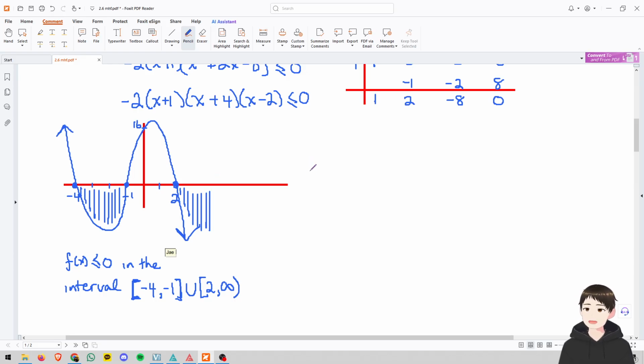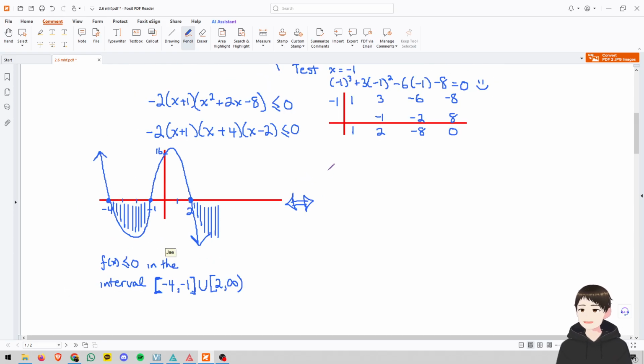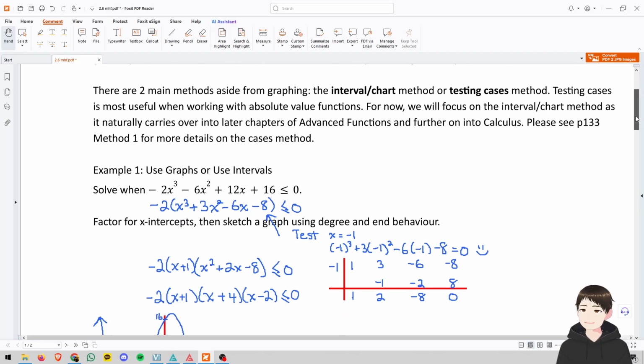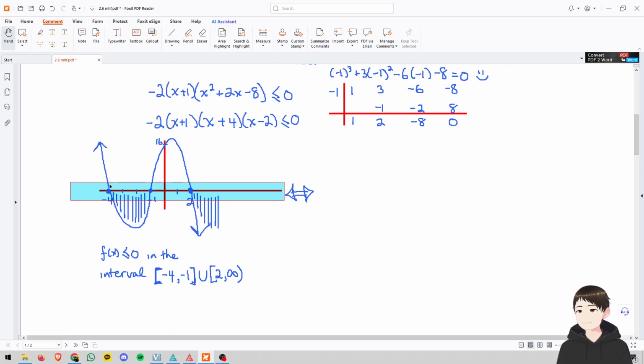Okay, now I am actually going to compare that with this new method called a chart method. A chart method will take your x-intercepts, literally this section, and turn it into a chart. The testing cases method is sort of like a number line method where instead of drawing the entire thing, I simply use this line to demonstrate whether it's above or below.